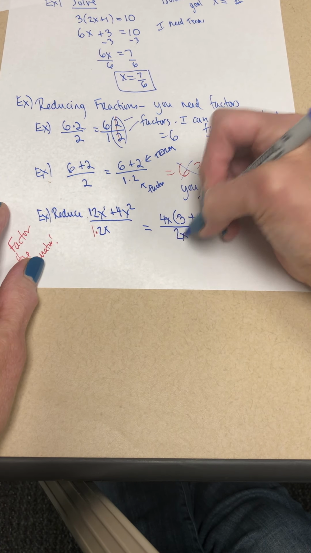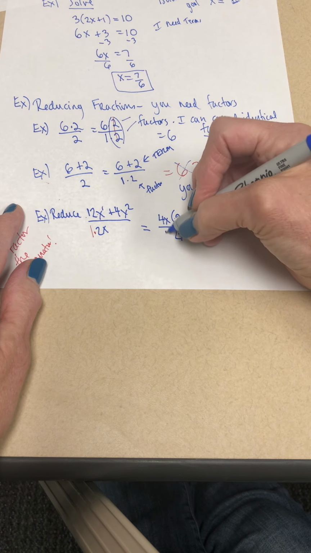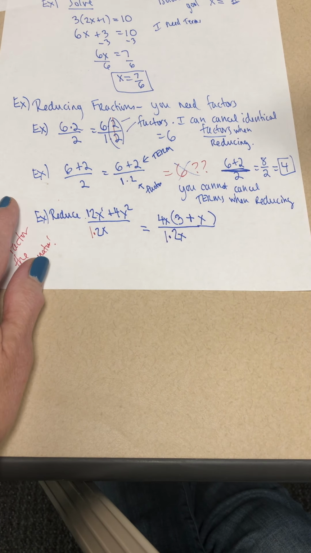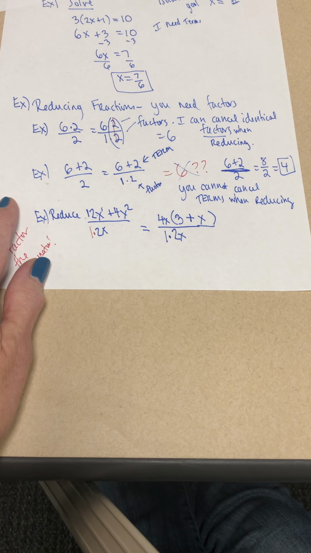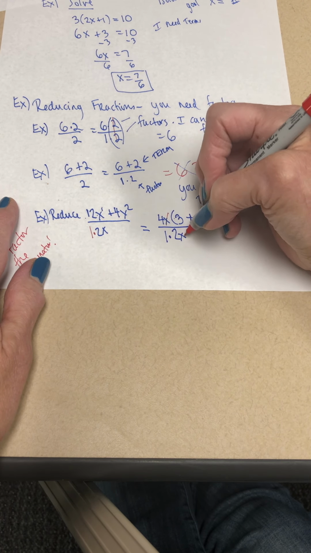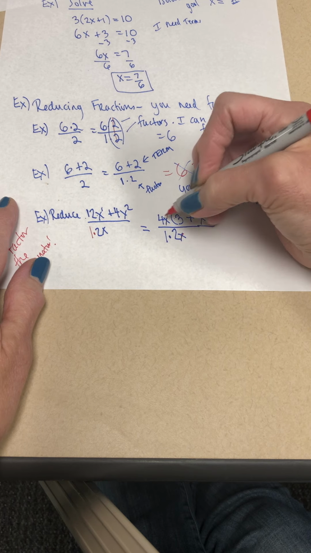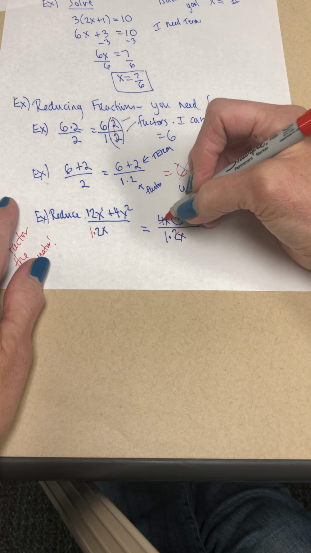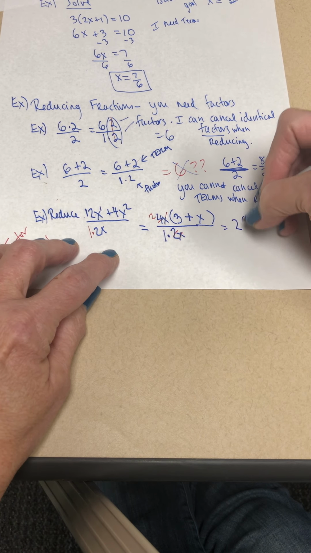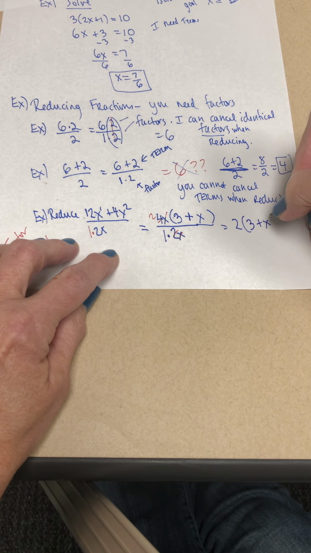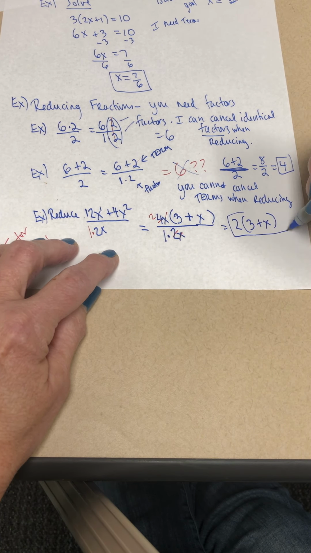And then over 2x, remember I could think of that as 1 times 2x. These are now factors. So x over x cancels, and then you can just go 2 goes into 4 twice. So this is 2 times (3 plus x), and you can just leave it that way, leave it in factored form.